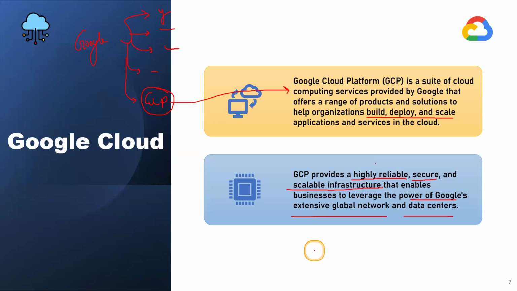If you go 10 or 15 years back, people used to have and manage their own data centers. That's time-taking, effort-taking, a lot of money-taking, right? So that's where the cloud comes into the picture. You rent those resources for some period, and you pay for whatever you use. So this is what Google Cloud Platform is, everyone.